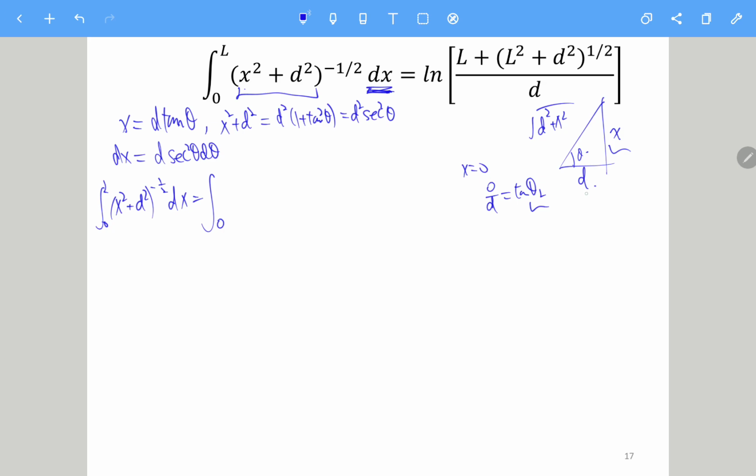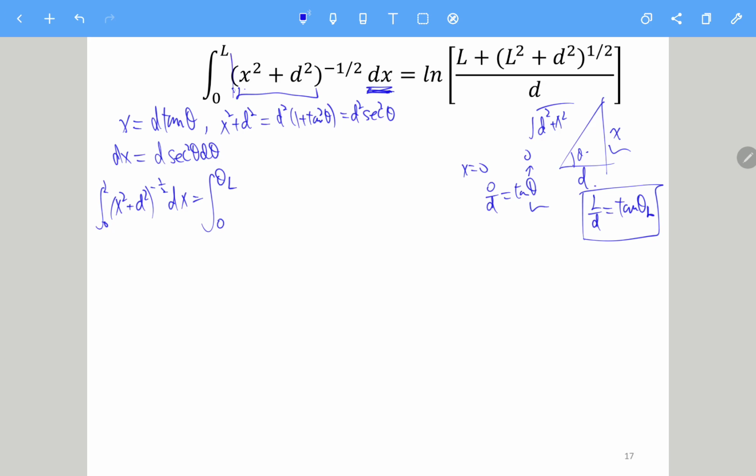And for the upper bound, when x is capital L, L over d will be tangent of theta L. So we just call this theta L, but keep in mind that we have this expression.